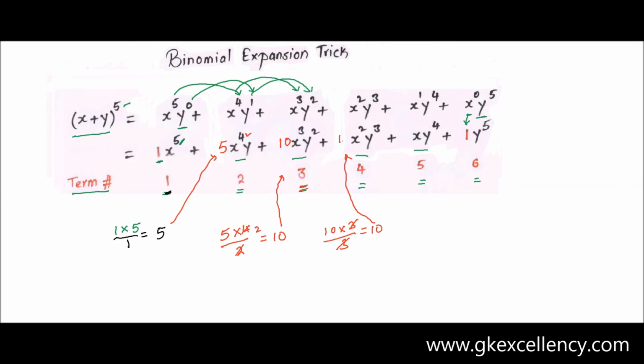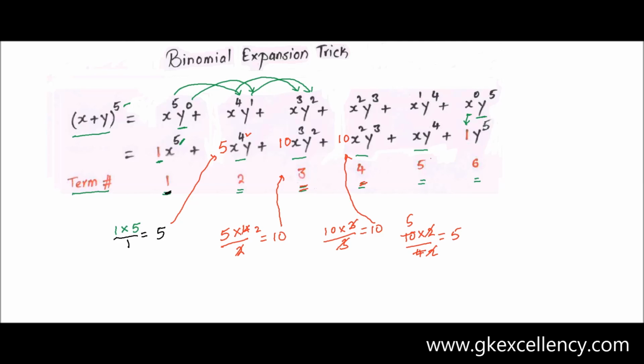Again, I take the coefficient of the fourth term, which is 10, multiply by the power of x, which is 2, and divide by the term number, which is 4. After simplification, this becomes 5.